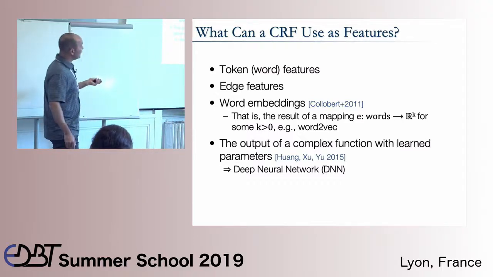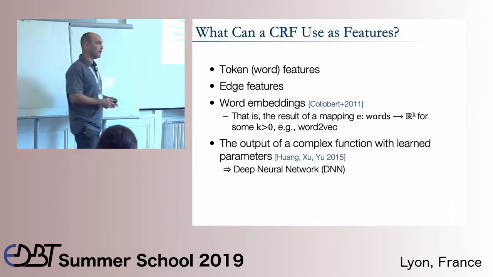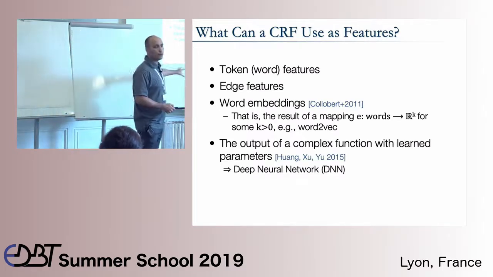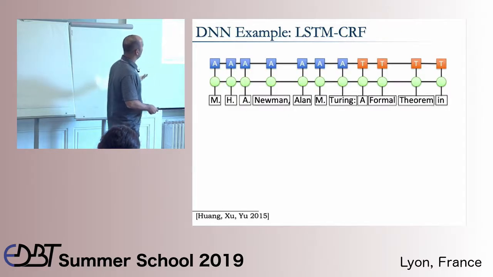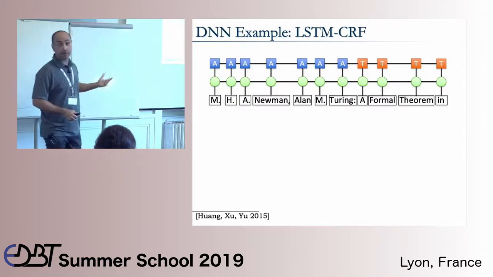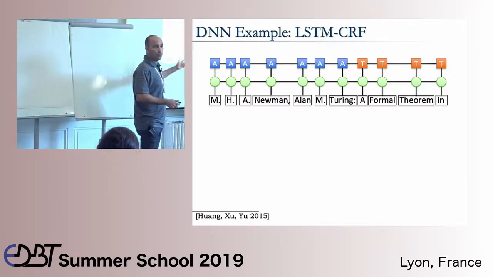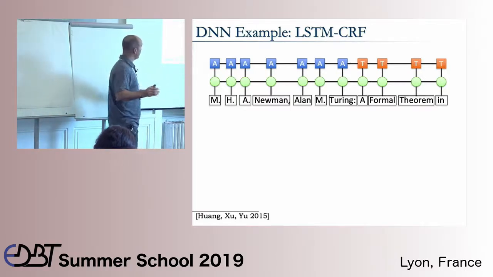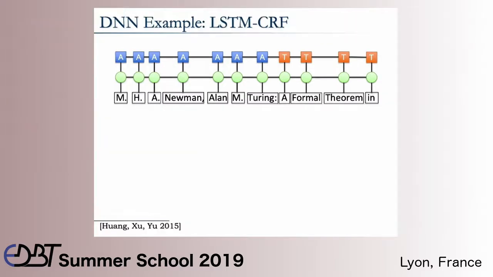And for that, you can use what is commonly used today, the deep neural network. So here's one way that seems to be quite successful, highly cited, of introducing deep neural networks into the framework, basically into the graphical models.